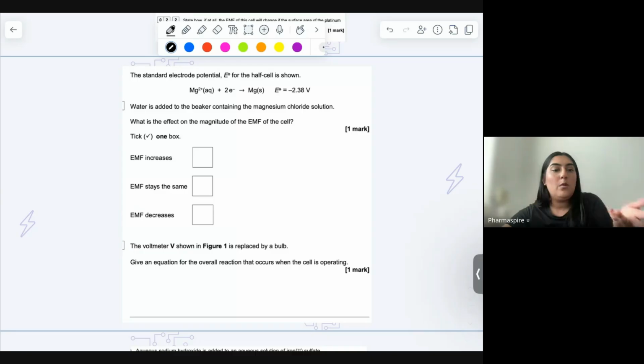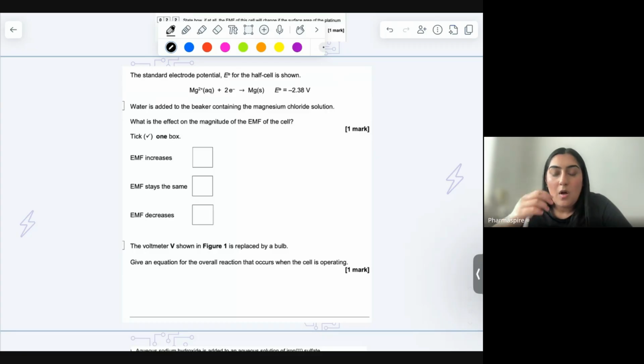So just look at what they're saying. It's a lot of common sense, there's a reason why they told you water is added. Which way does it shift? Well, it's negative, right? So if it's negative and oxidizing, which way would it shift? You can tell them in the chat. Yeah, shift to the left. Cool.